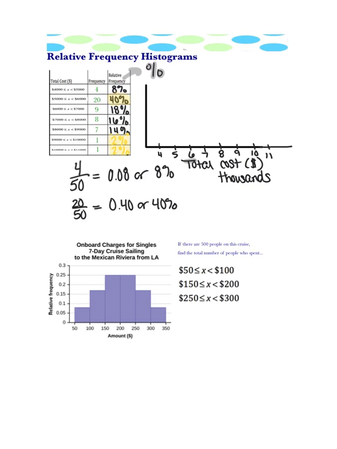And then on my y-axis, I'm going to say relative frequency, and I'm going to go by 2s. So I'll go 2, 4, 6, 8, 10, 12, 14, 16, 18, 20, 22, 24, 26, 28, 30.